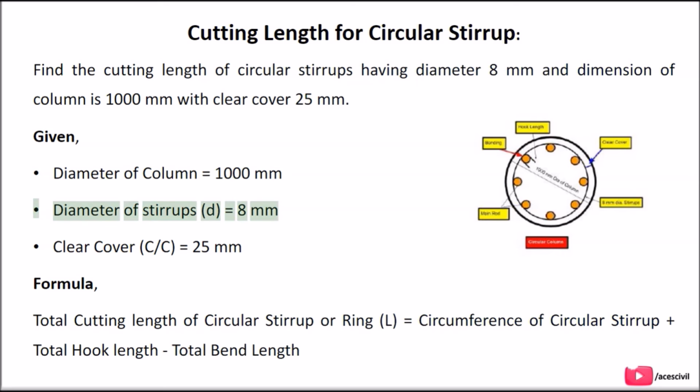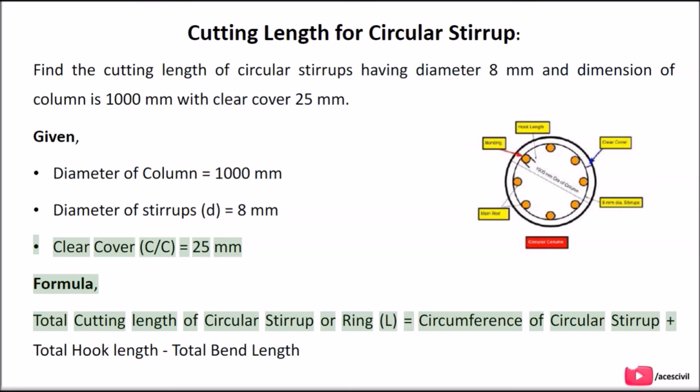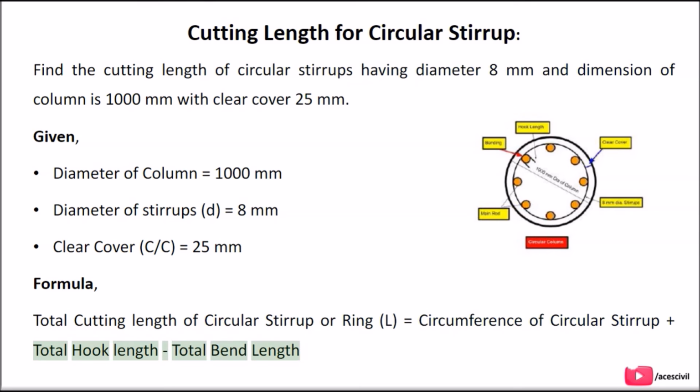Diameter of stirrups d equals 8 mm. Clear cover equals 25 mm. Formula: total cutting length of circular stirrup or ring L equals circumference of circular stirrup plus total hook length plus total bend length.